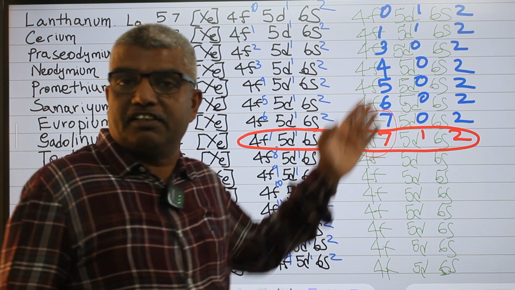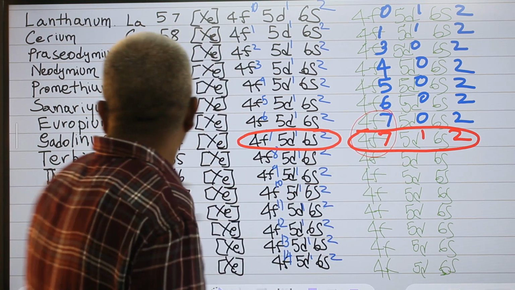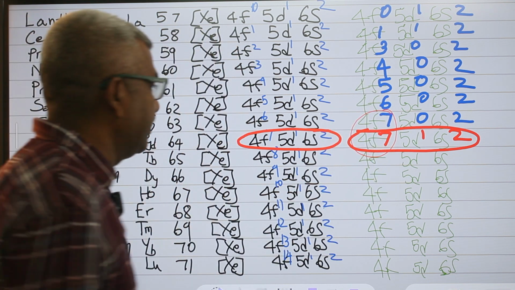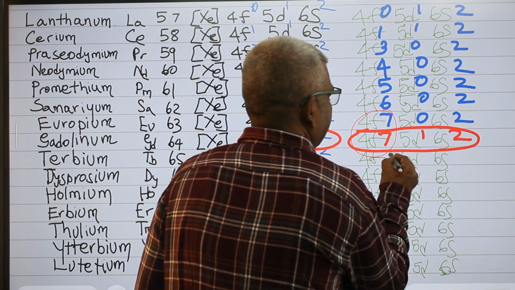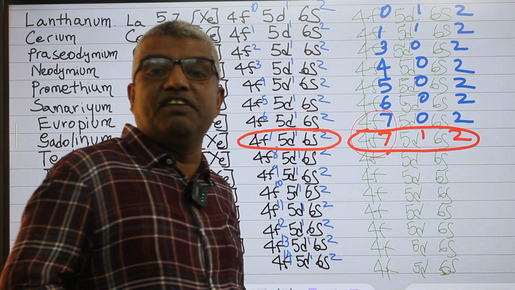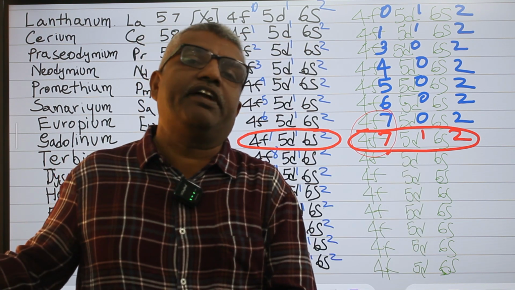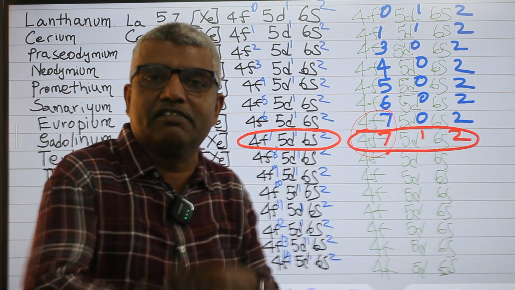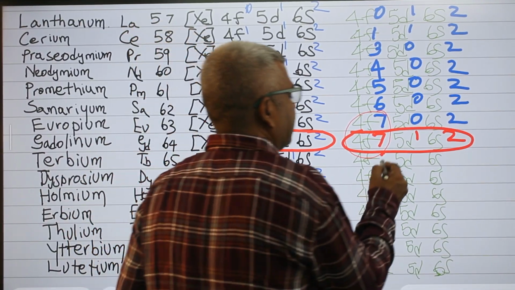Then what do we expect for terbium, 4f8? No, it has not happened. Since we stayed one more at the end, we are recovering the speed.